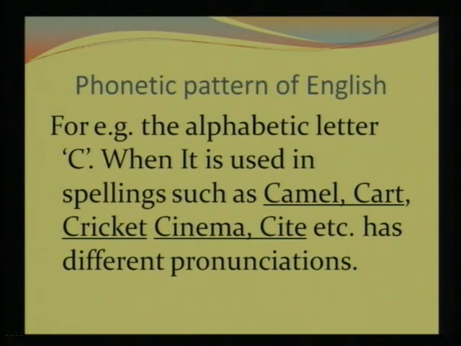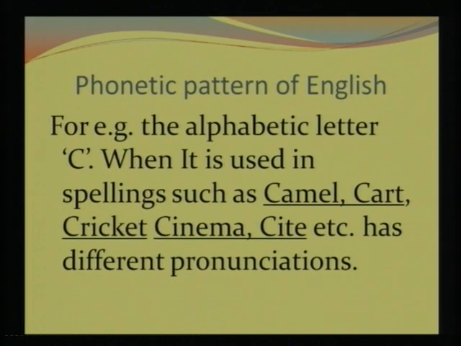For example, camel. You can notice that it starts with C, but when we pronounce it, it is called K, camel. Similarly, in the next spelling, cart, we call it K, cricket. Similarly, it starts with K sound.